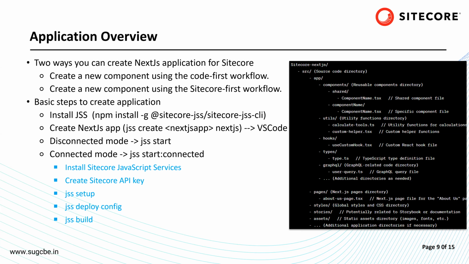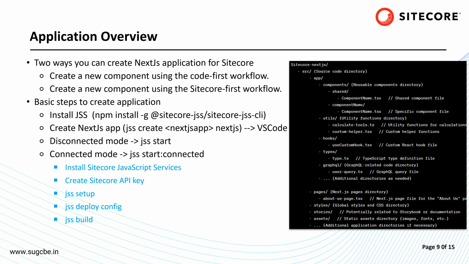The code-first approach is where you start creating the application in Next.js. I'm a front-end developer, I don't have much knowledge of Sitecore, but I just want to start creating the application. In that scenario, you have to go with the code-first workflow. You create all the components first. For example, you want to create a header component.